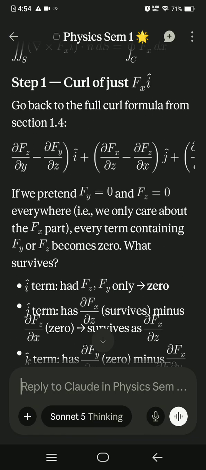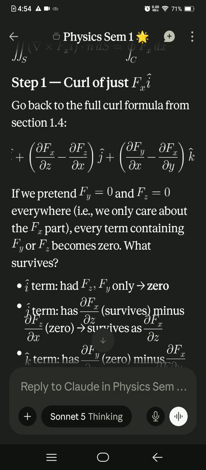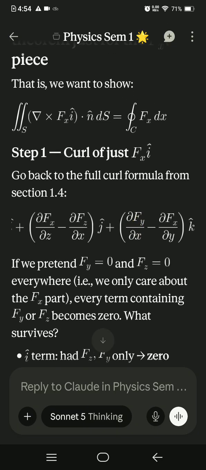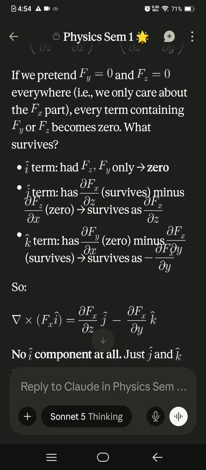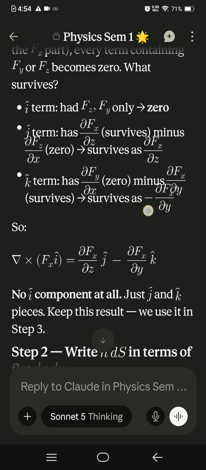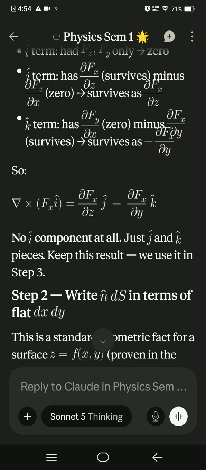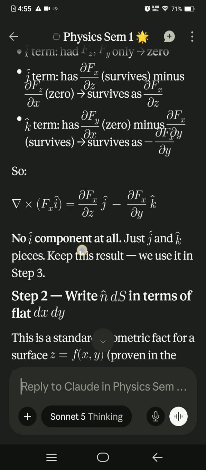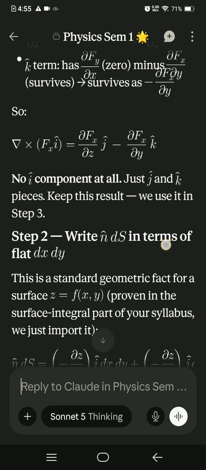And in k, let's guess in k also only this is going to survive. Since this is 0, this term is going to cancel out, so minus this survives. Fine, so now this curl becomes this, no i component at all, just j and k pieces. Keep this result, we use it in step 3.